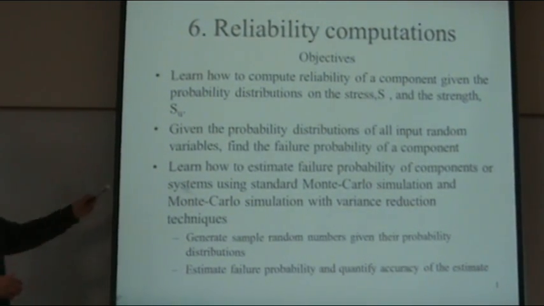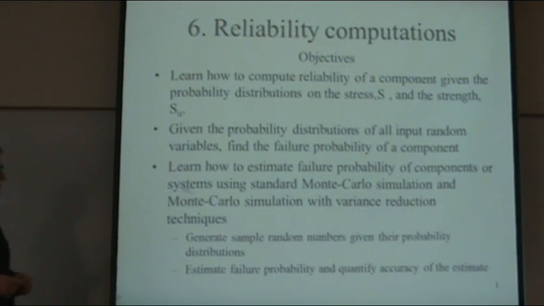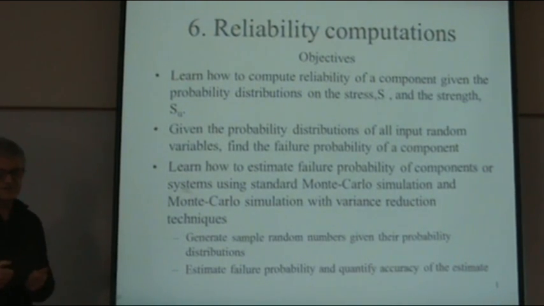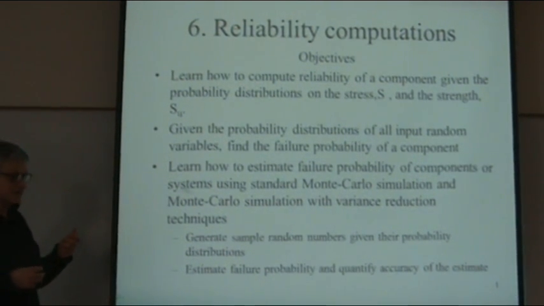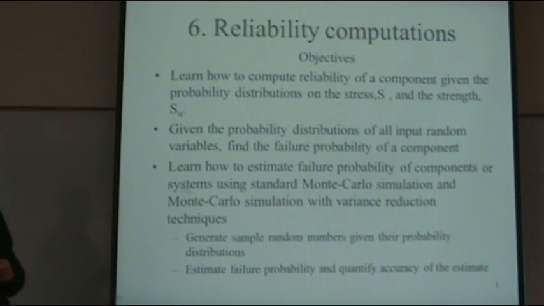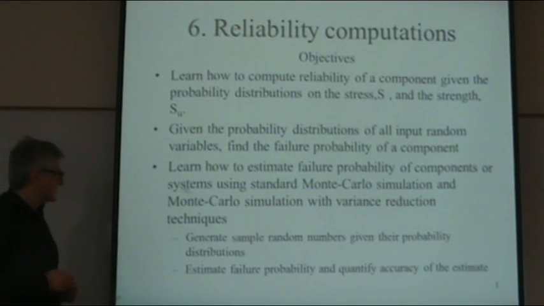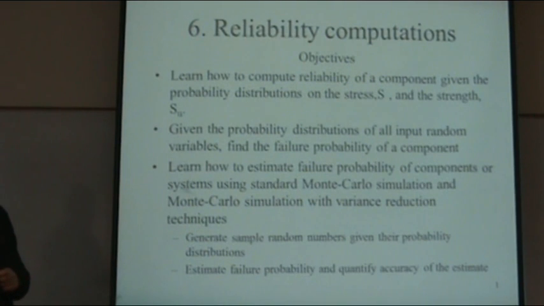We learn how to estimate the probability of failure of components of systems using three methods. The first one is integration, and we talked about the conditional probability theory. The second one is standard Monte Carlo simulation, and the third is variance reduction techniques.